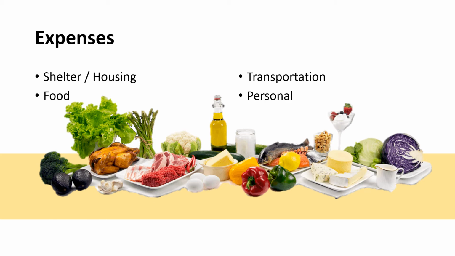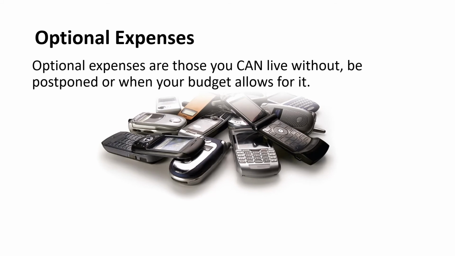Personal expenses include life insurance, doctor and dentist bills, prescriptions, education, childcare, clothing, and donations. Can you think of other expenses? Here are a few optional expenses: cable, internet, entertainment, vacation, pets, and gifts.